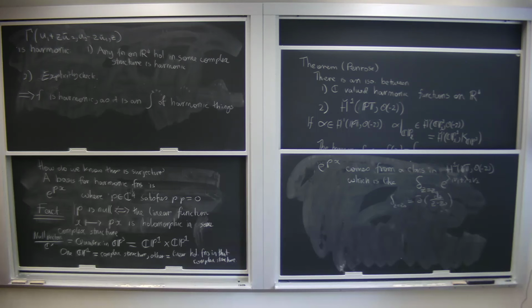Question: look at this theorem, but part 2 has a kind of obvious rational structure, right? It says it can be defined as a vector space over the rational numbers. Yes. So it means the space of harmonic functions has a rational structure, but it's kind of a silly one.